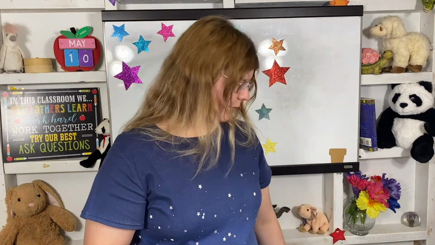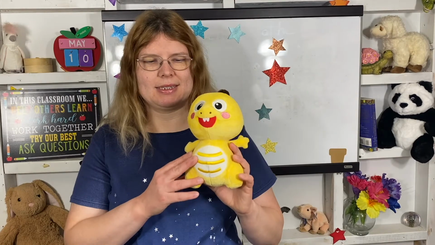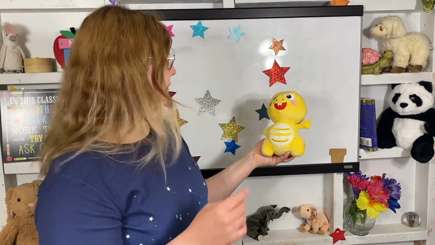So let's go back to our pal Dino. Right. So obviously I'm holding him, so I know that he's three-dimensional, but let's pretend I'm not. I'm going to look at Dino.